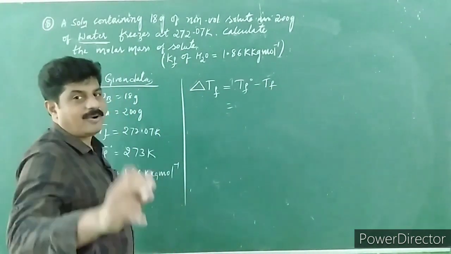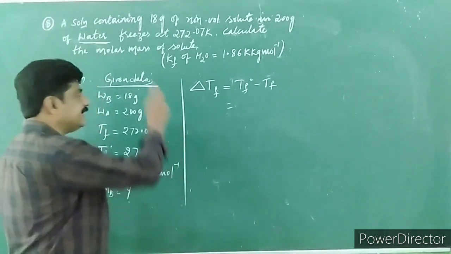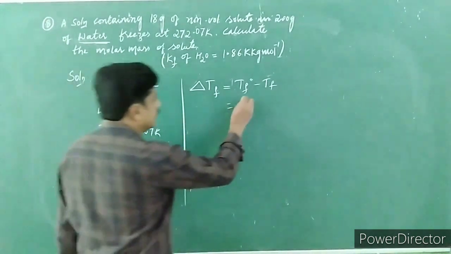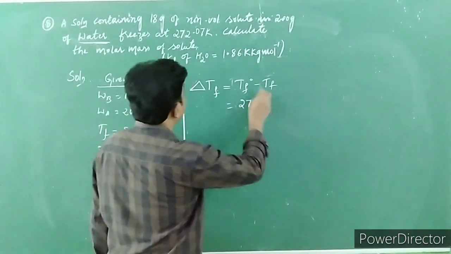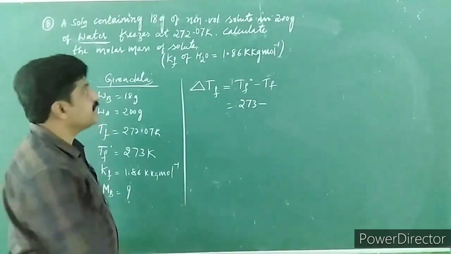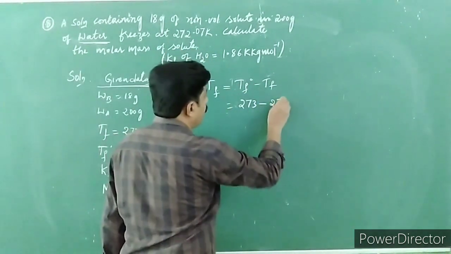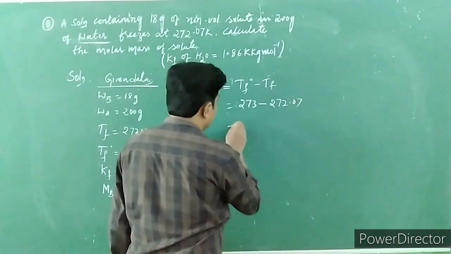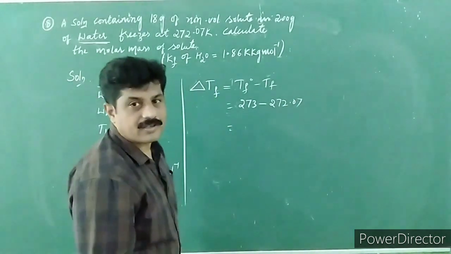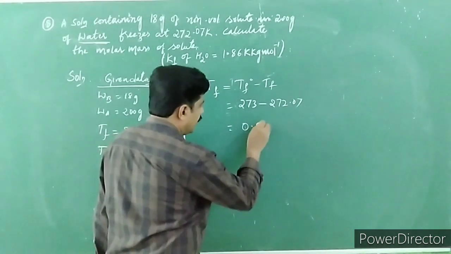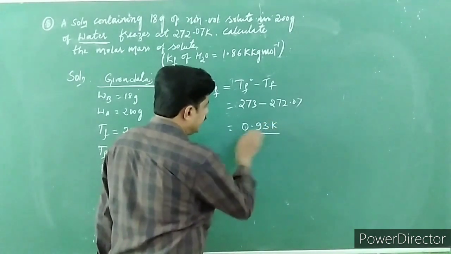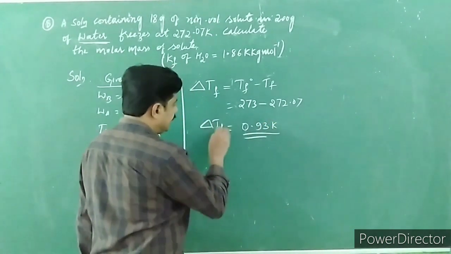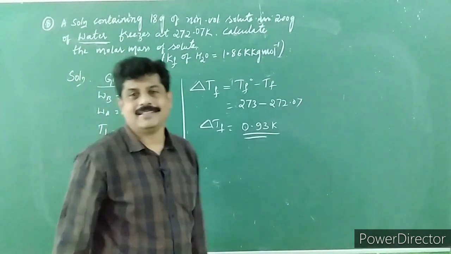That is the freezing point of the pure solvent, in this case water, 273 Kelvin. 273 minus the solution's freezing point, 272.07 Kelvin. Children, if you go for subtraction, the answer is 0.93 Kelvin. This is delta TF. Hope you are getting that.